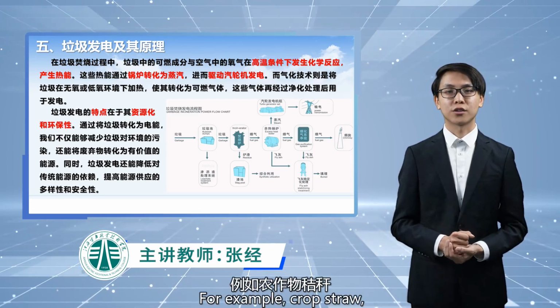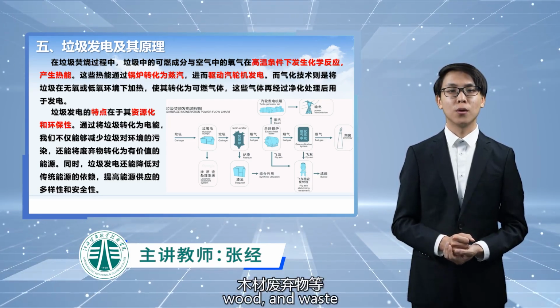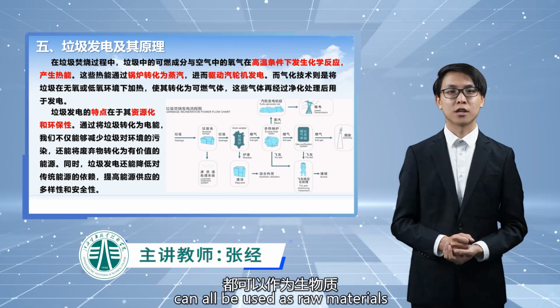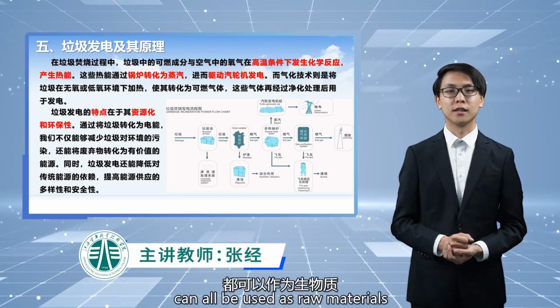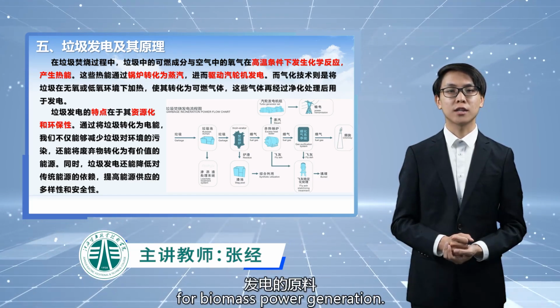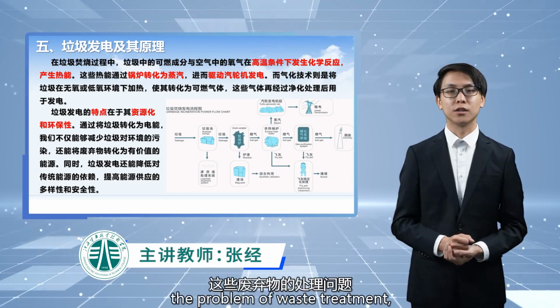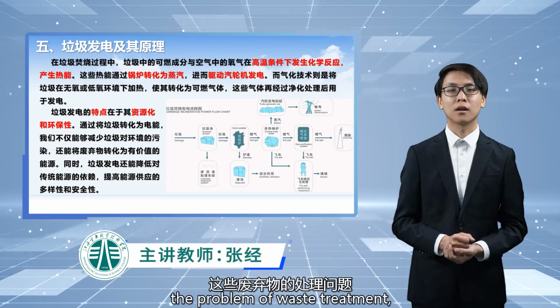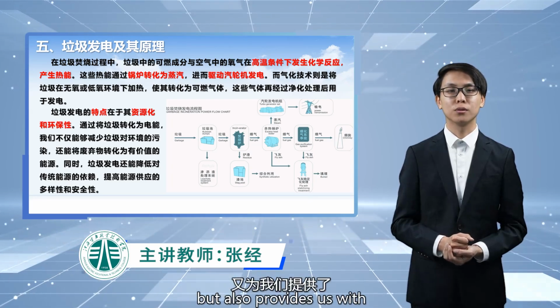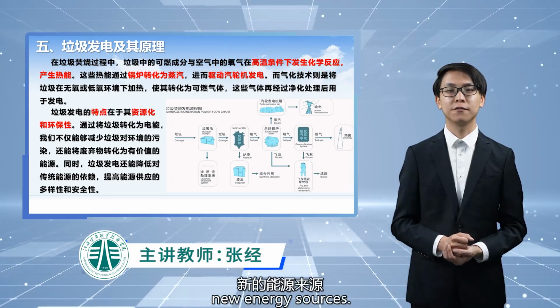For example, crop straw, wood, and waste can all be used as raw material for biomass power generation. This not only solves the problem of waste treatment, but also provides us with new energy sources.